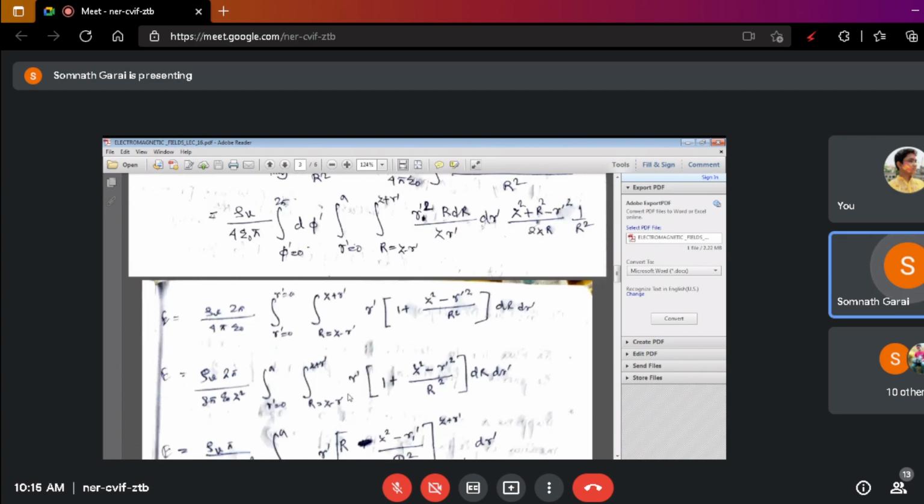Then we have the remaining two integrations. One is according to dR and another is d small r, right?